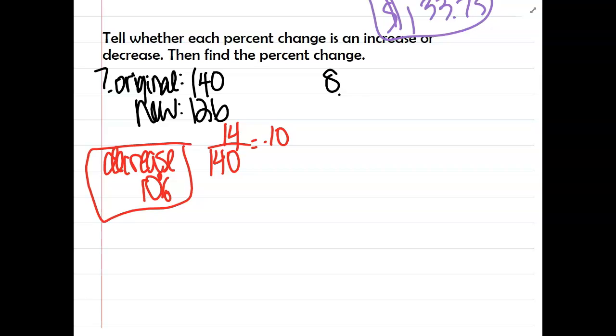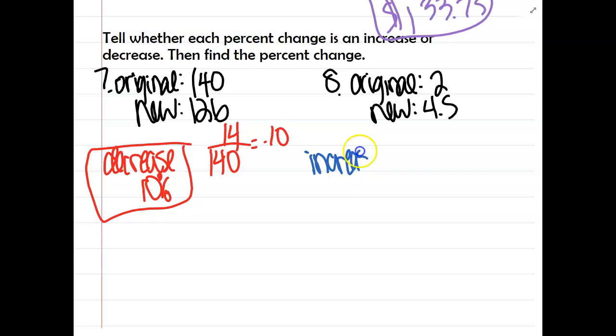And let's do one more. Let's say the original is 2. The new is 4.5. So if it went from 2 to 4.5, is it an increase or a decrease? That is an increase.